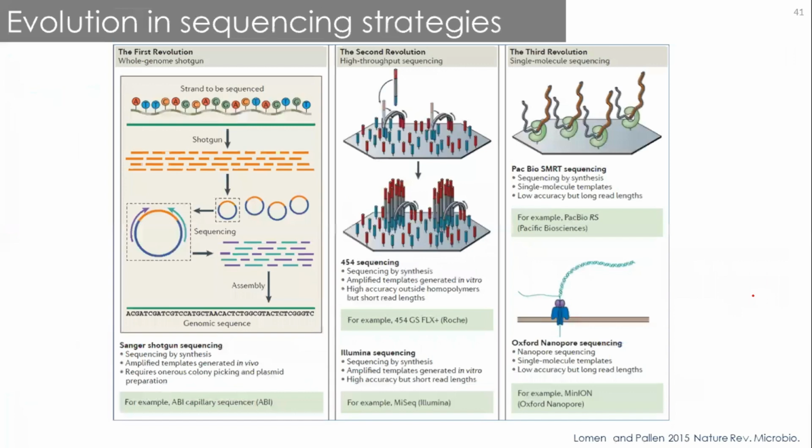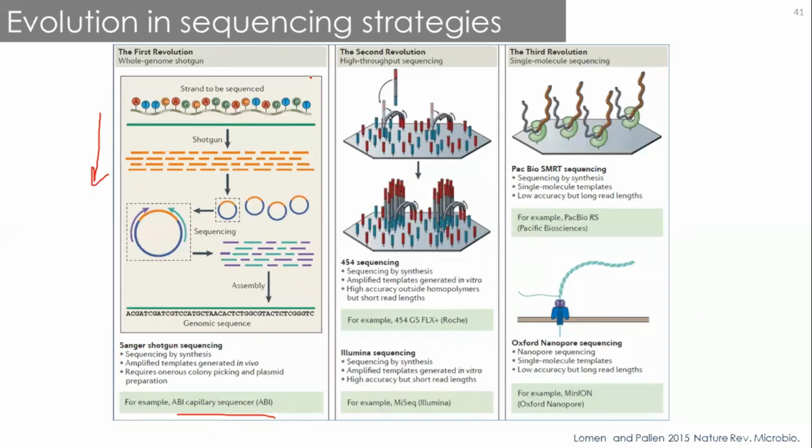And we already know that the result from our group I have shown you was obtained by the capillary sequencer by Applied Biosystems, developed by Fred Sanger, automated sequencing. However, in the last 15 years, we have had a great revolution in sequencing technologies.